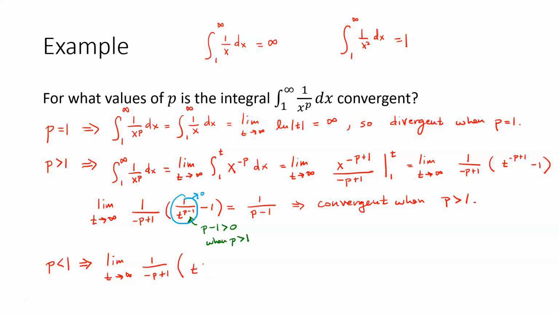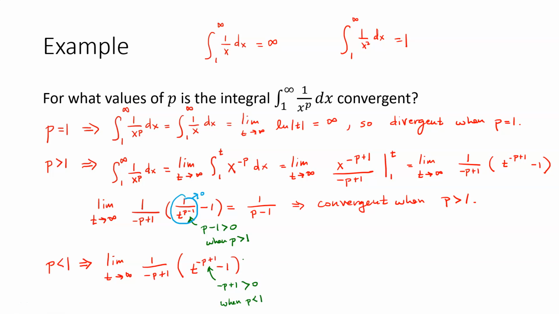I'm just going to leave it as t to the negative p plus 1, because now when p is less than 1, the power here, negative p plus 1, will be a positive power.